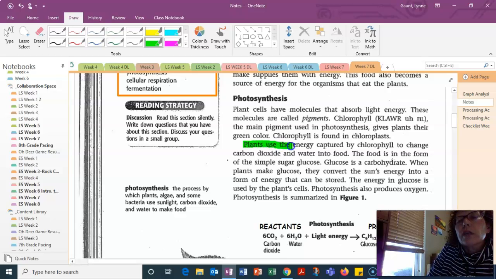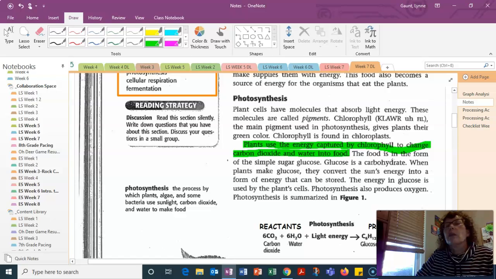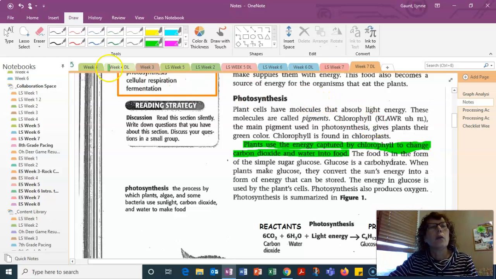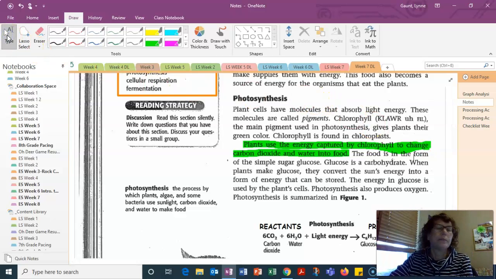Plants use the energy captured by chlorophyll to change carbon dioxide and water into food. It's pretty amazing if you think about it, that we start with carbon dioxide and water, and plants can just turn it into food just because they have energy from the sun. Kind of crazy. Then go back and click the type key.